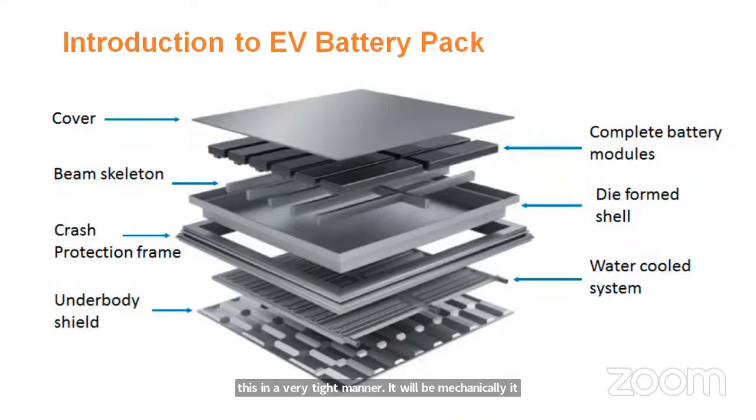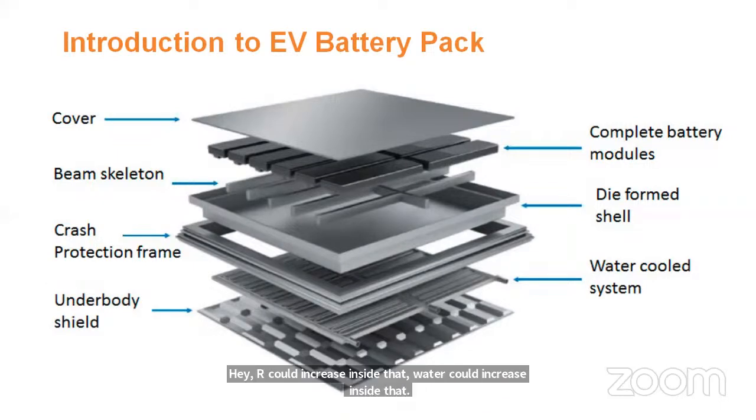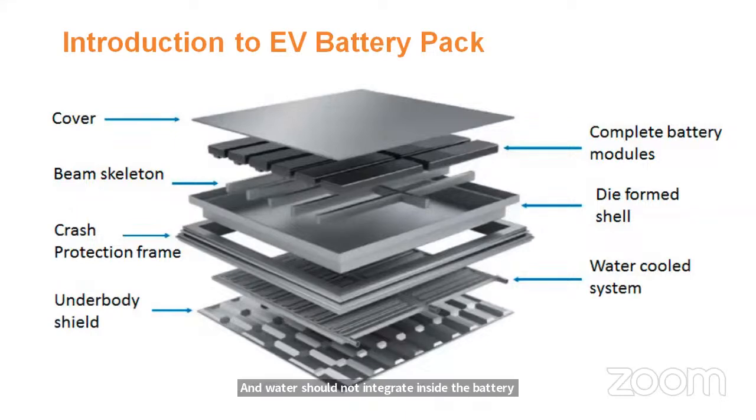But still there will be a gap, and through that gap air could ingress, water could ingress, and water should not ingress inside the battery pack. For that reason, IP67 is required. To make a battery pack IP67, before applying the nuts and bolts on the complete flange, we apply some gasket.